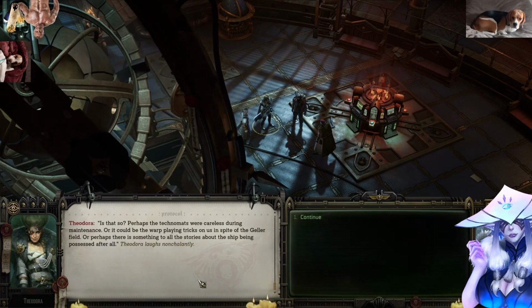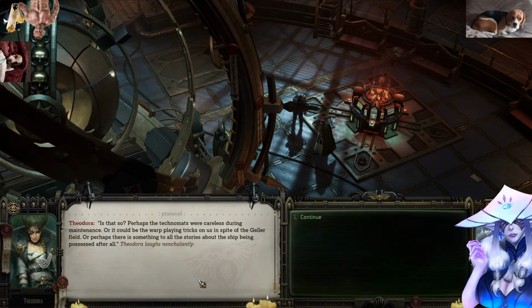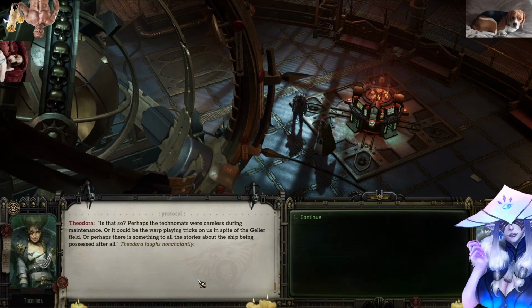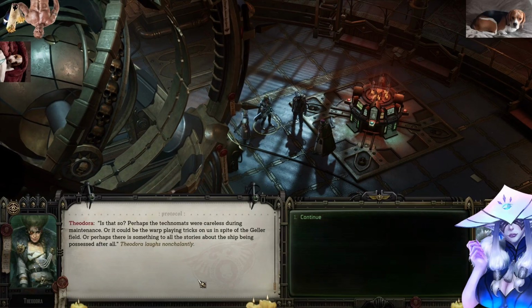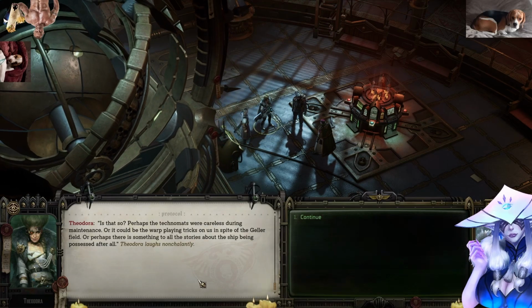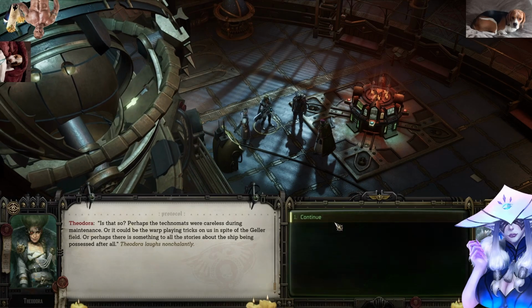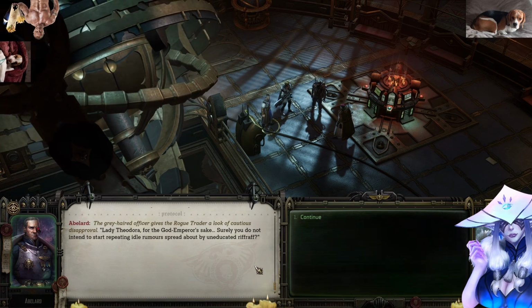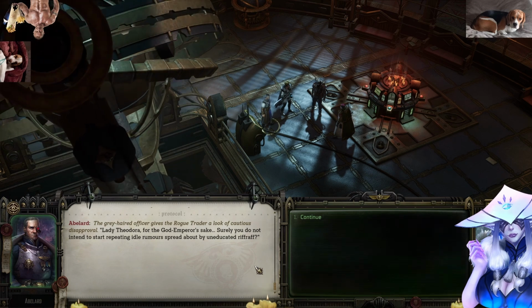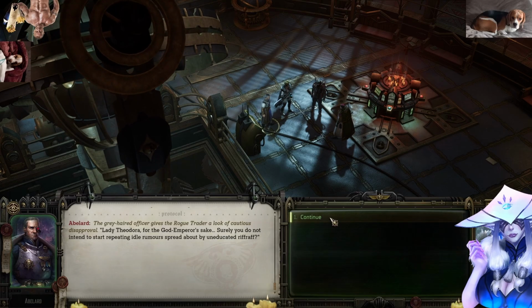Is that so? Perhaps the technomats were careless during maintenance. Or it could be the warp playing tricks on us in spite of the Gellerfield. Or perhaps there is something to all the stories about the ship being possessed after all. Lady Theodora, for the God Emperor's sake, surely you do not intend to start repeating idle rumors spread about by uneducated riffraff.